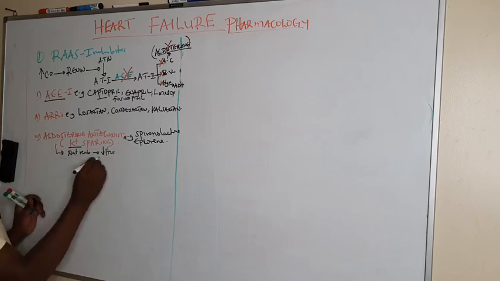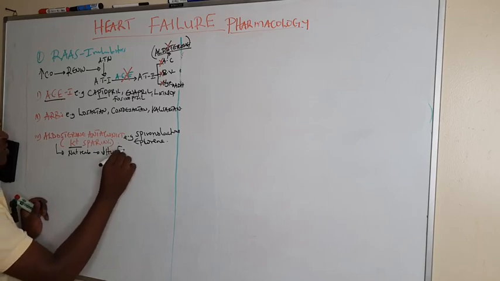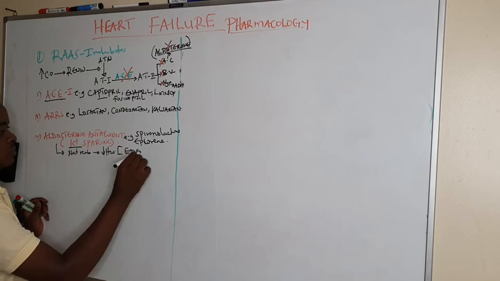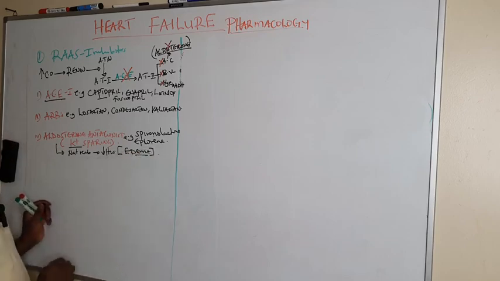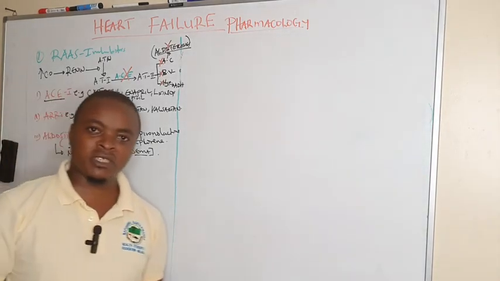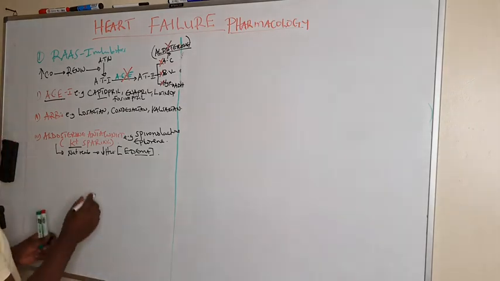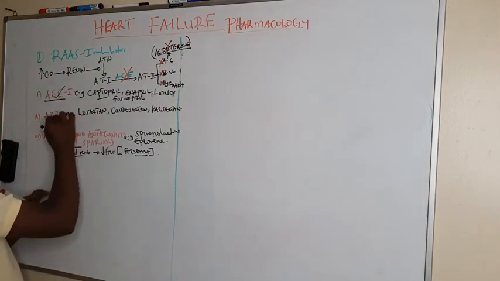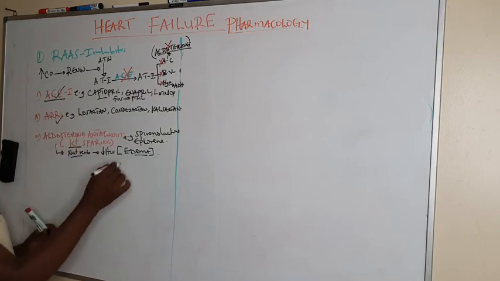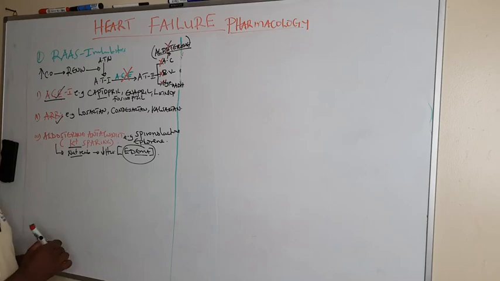So these majorly work on solving the issue of edema, because edema is due to increased blood volume. When there is increased blood volume due to much reabsorption of sodium, and maybe the patient is not responding to ACE inhibitors and ARBs, we can easily use potassium sparing drugs.